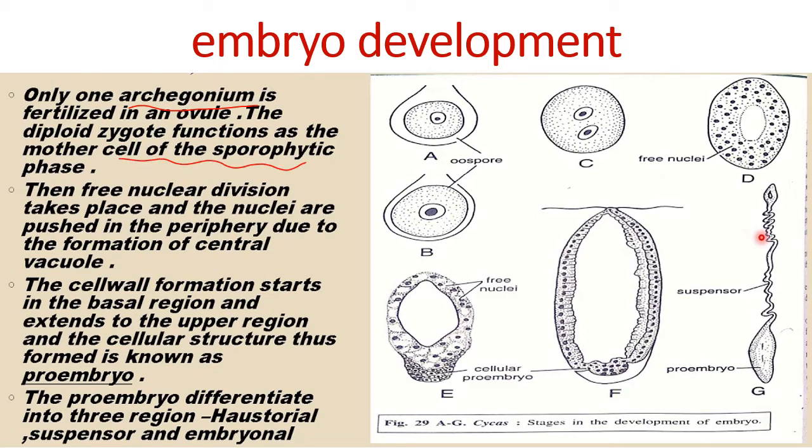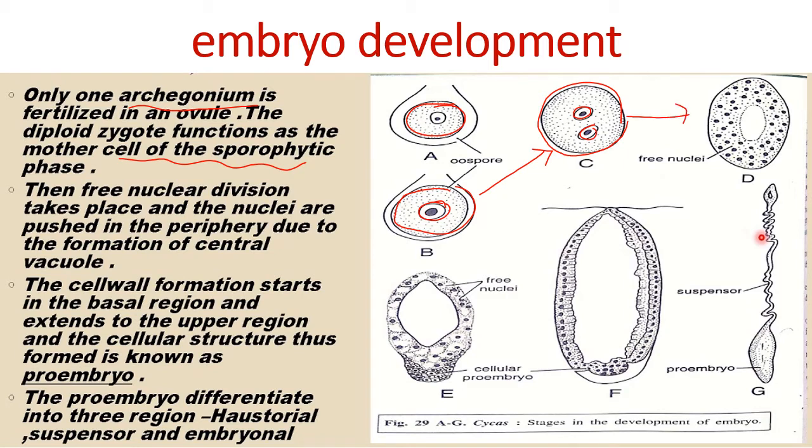So this is a diploid zygote, which is the first cell of the sporophytic phase. Now, what happens next? This zygote grows a little bigger in size and it starts dividing. So from one, after first mitosis, it has developed two cells.